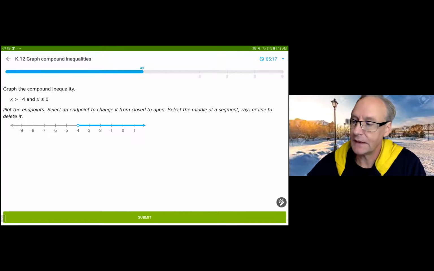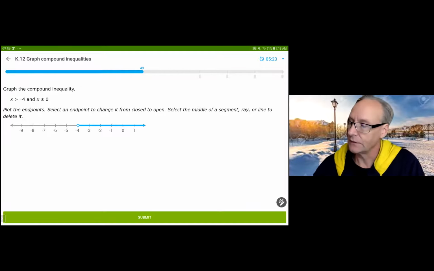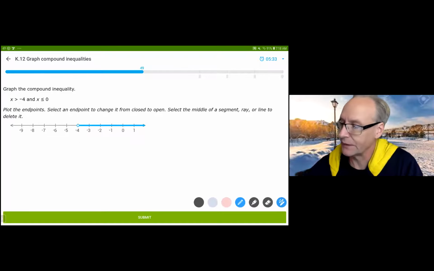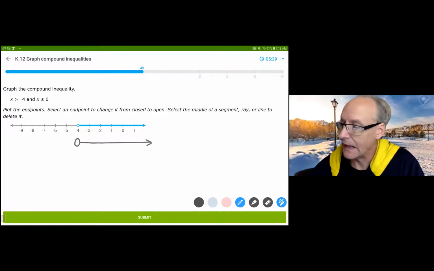And now this time we have an and. This is important. An and means that they both have to be true. So let's see. We want x is less than 0. So both of these have to be true. And I think the best way to explain this is to go ahead and put the -4 and the less than or equal to 0.